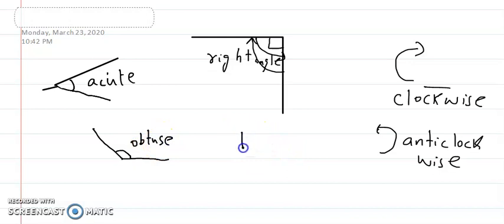And if I draw one line and the other line straight above it vertically, that will be a right angle. This is obtuse, meaning more than 90 degree. This one is acute, less than 90 degree. And this one is a right angle because it is equal to 90 degree.